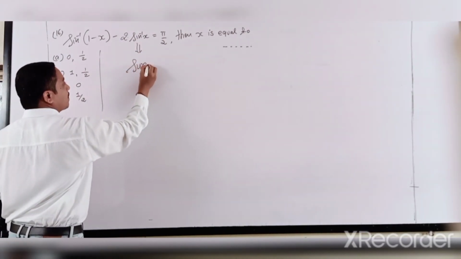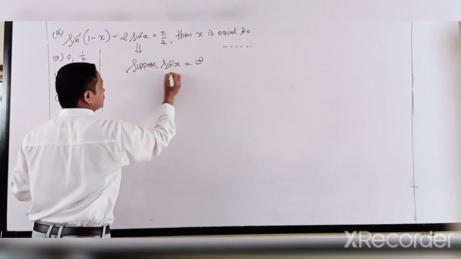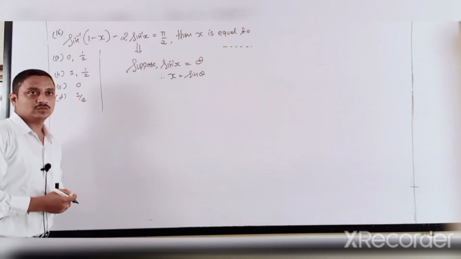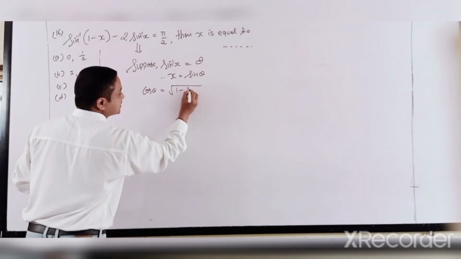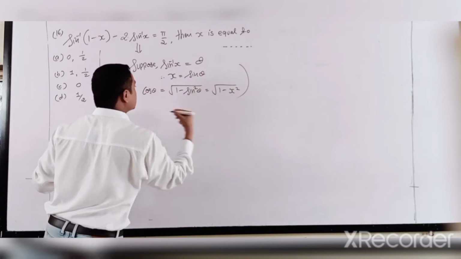Suppose sin inverse x is equal to theta. So what is x? Sin theta. Surely you get cos theta as under root 1 minus sin square theta, so under root 1 minus x square.